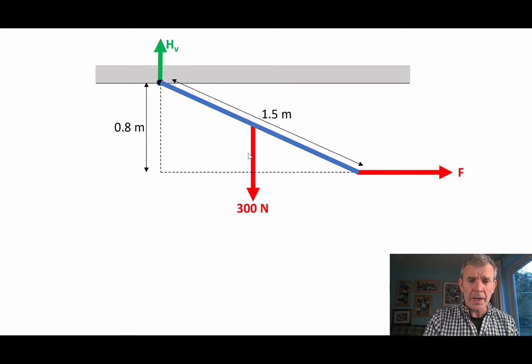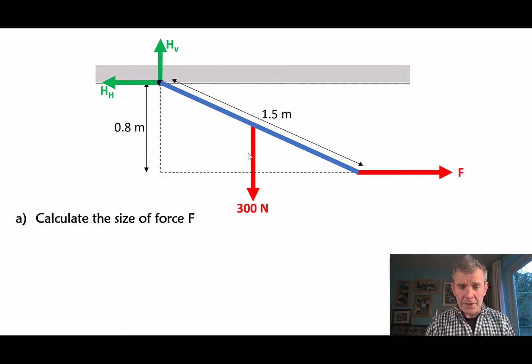We'll call that HV. Also, without the hinge, the force F acting to the right would make the whole rod accelerate off to the right. So the hinge must be providing an equal and opposite force to that, marked there as HH. So there's our rod, and those are all the forces now acting on the rod.